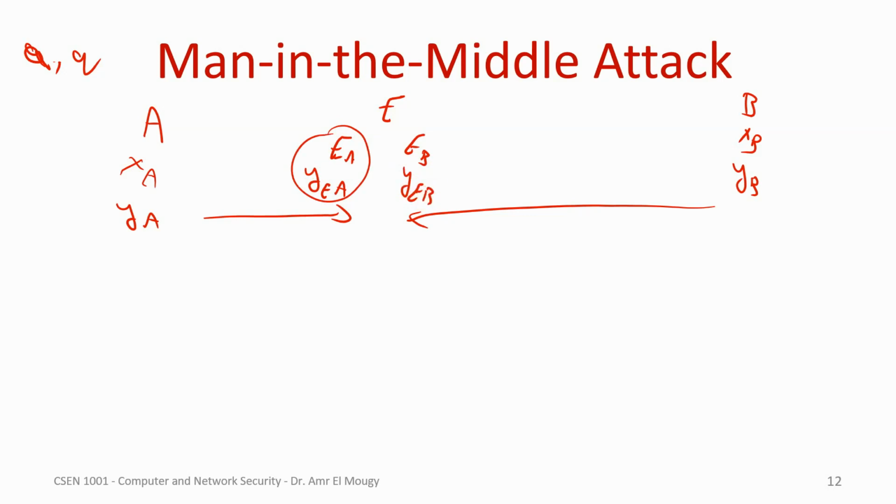Okay, so now, when the attacker intercepts Y_A, it will raise Y_A to the power of the private key that it has chosen for itself.